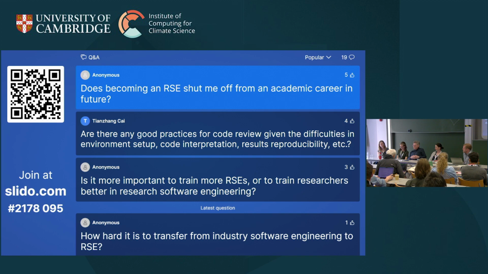Yeah, I think that points towards the stage in your career at which you're doing that. If you're doing an RSE type job at a PhD or early postdoc level, that might still work. But at a certain point, if you want an academic career, you need publications and your own research field.